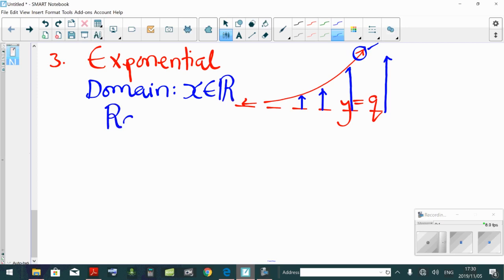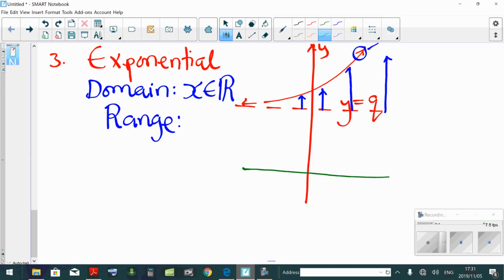And then our range, now if we had, let me just superimpose a y-axis here for argument's sake. Now, if I were to draw a horizontal line on the y-axis at this point, you can see that we'll never encounter our graph at any point along these lines that I'm drawing.